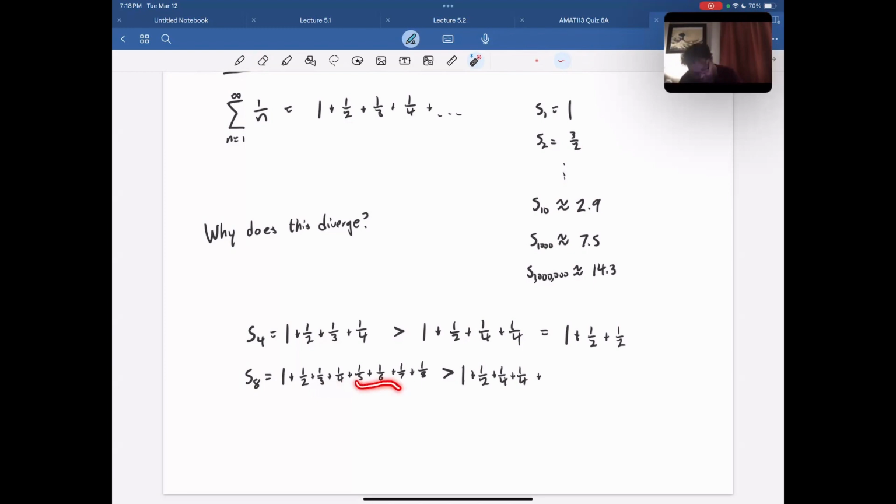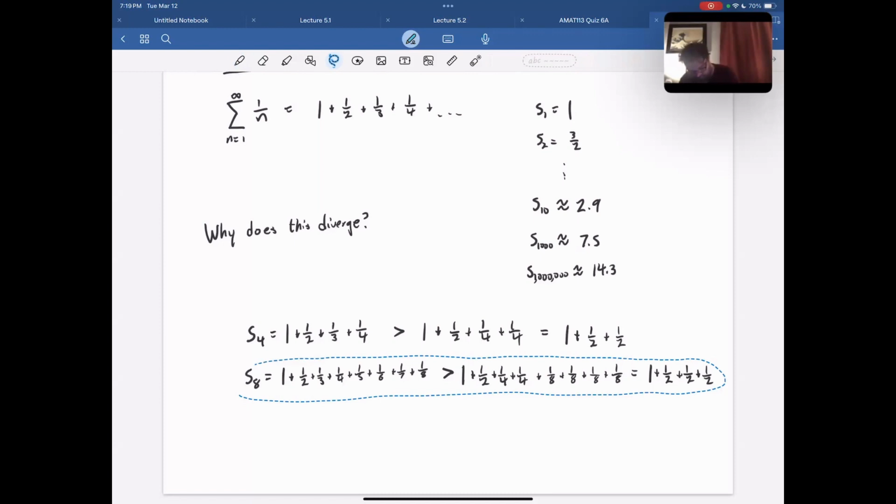And then all of these terms are all greater than or equal to 1/8, and so we can rewrite each one of these. Now we know S8 is going to be greater than this thing that we've created, which is equal to 1 plus a half plus a half plus a half. Now we can kind of compactify this, scooch everything over just a hair.